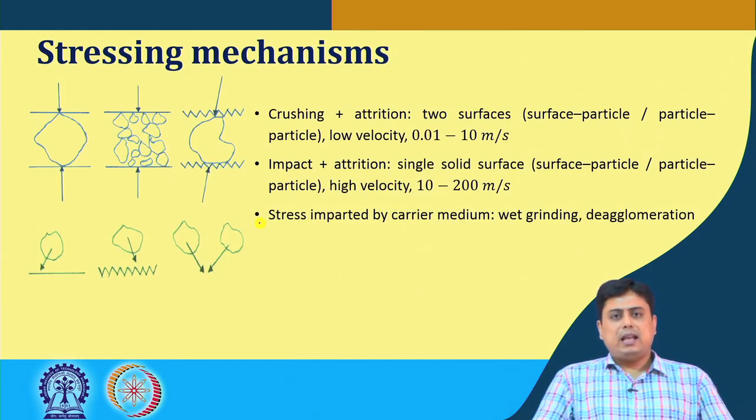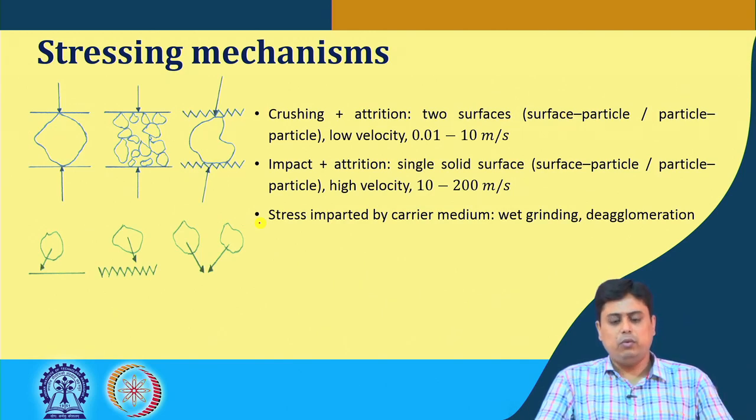These can be broadly categorized in 3 ways, as listed here. One is crushing plus attrition. We outlined this in the last class as well, the difference between crushing, impact and attrition.